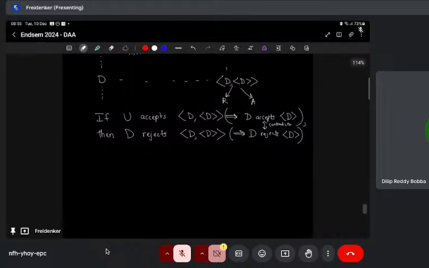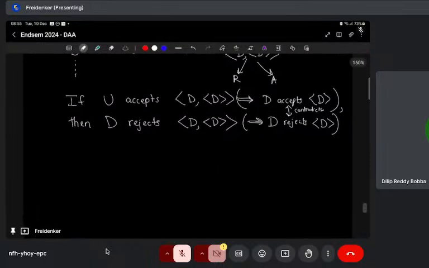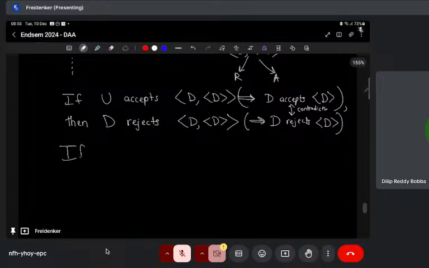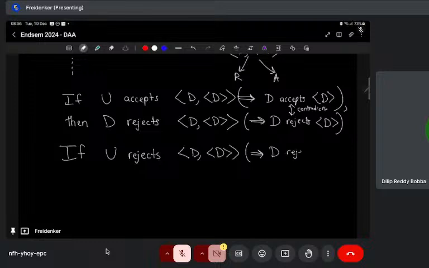We'll look at the other case as well. We'll just see if it's going to click. If U rejects D comma description of D, then I know that it means D rejects description of D. That is fine.